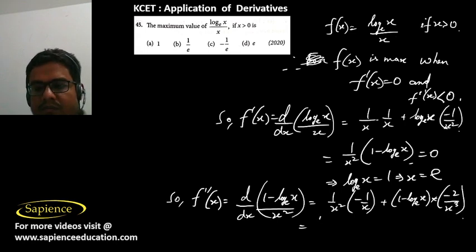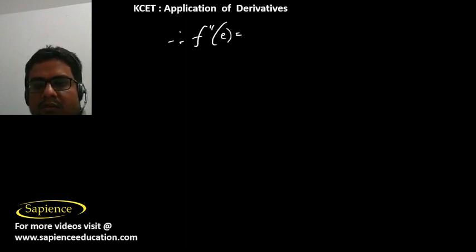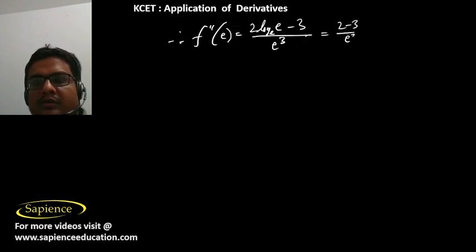This is 1 by x cube into (2 log e x minus 3). At x equal to e, f double dash will be log e base e... minus 3 by e cube, which is less than 0.